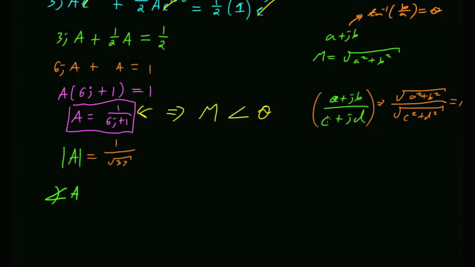It's the phase angle of the numerator minus the phase angle of the denominator. So if I gave you this expression and asked for the phase angle, you'd say inverse tan of B over A minus the inverse tan of D over C.